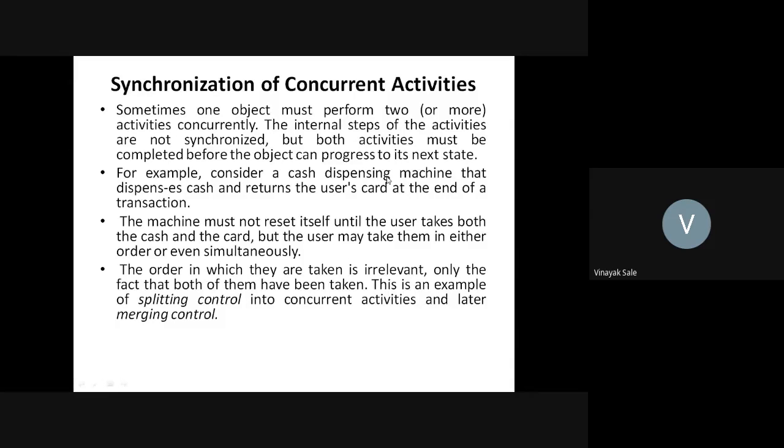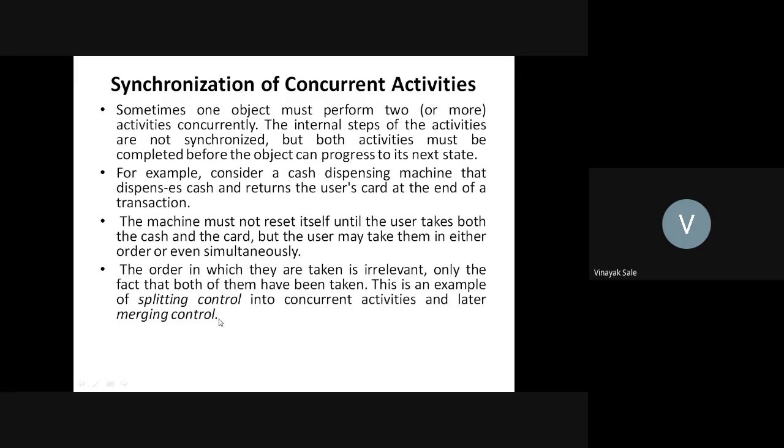Suppose the given sequence is first take the cash and then take the card. But sometimes we take the card first and then the cash. Here the order is irrelevant. Only the fact that both of them have been taken matters. If both of them have been taken, then the machine resets itself.